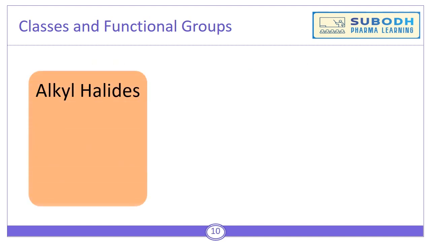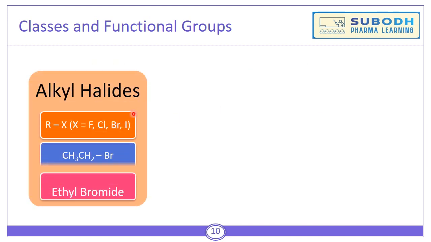Alkyl halides is the class of organic compounds in which the halogens, that is fluorine, chlorine, bromine, iodine, are attached to the hydrocarbon portion and denoted as symbol X. For example, ethyl bromide.